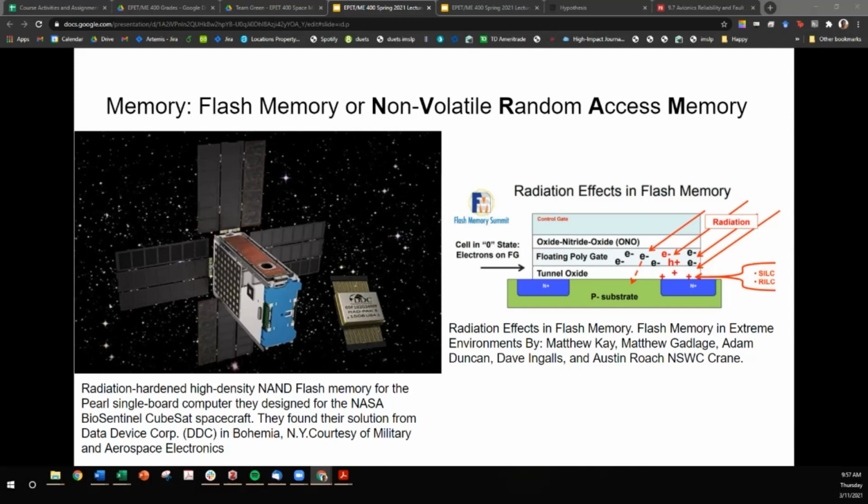So the best known form of NVRAM is flash memory. Flash memory is a type of non-volatile memory based upon electrically programmed read-only memory technology. Flash is between read-only memory and RAM, mid-speed memory, which can be easily read and written.